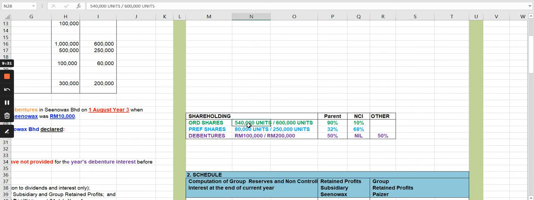Same goes here, units acquired divided by the units issued. For debenture, take the amount of investment in debenture divided by the carrying value of the investment. So you have 50% for the debenture and also 50% for the other debenture holder. Parent holds 50%.